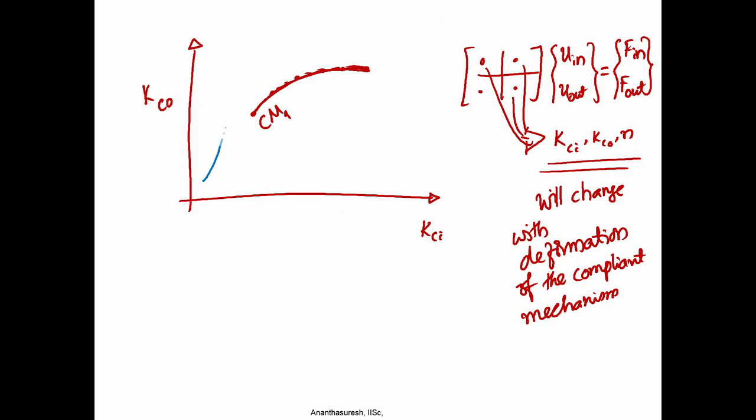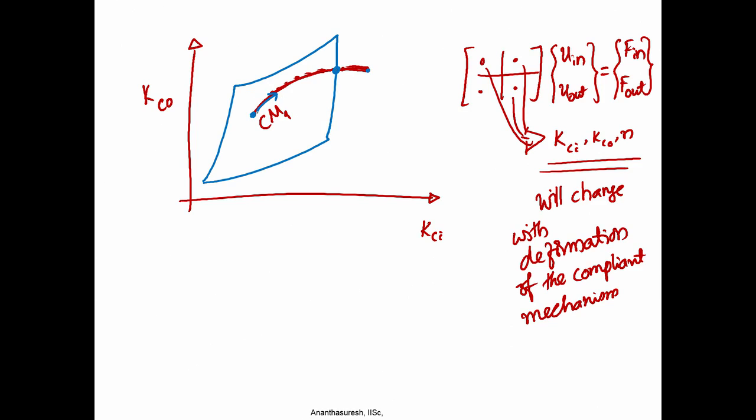If let us say a feasible map is somewhat like this, then we will know that if we are starting here and as you apply more force on the compliant mechanism, its KCI, KCO change like this, we will know up to what point the compliant mechanism is going to meet the requirements. The user also has to specify input output displacements maybe from initial to final.